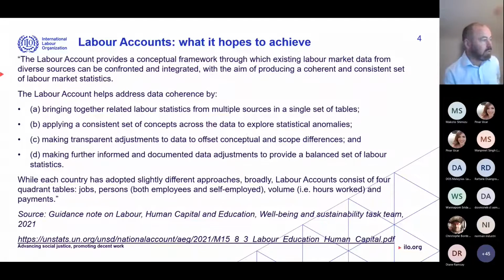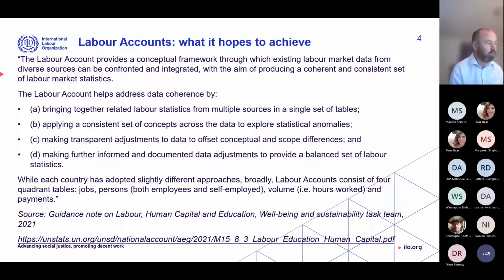And the other thing to note is each country that has developed labour accounts, and it's not a huge number, but it's growing over time, have adopted slightly different approaches. But importantly, there is generally a convergence towards the idea that we have four quadrants of tables. A quadrant that focuses on jobs, so filled jobs and job vacancies.